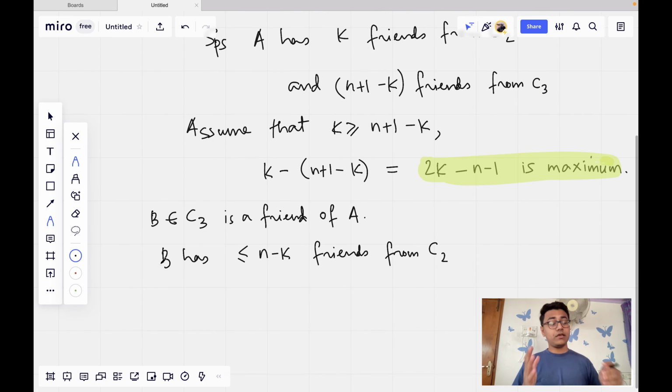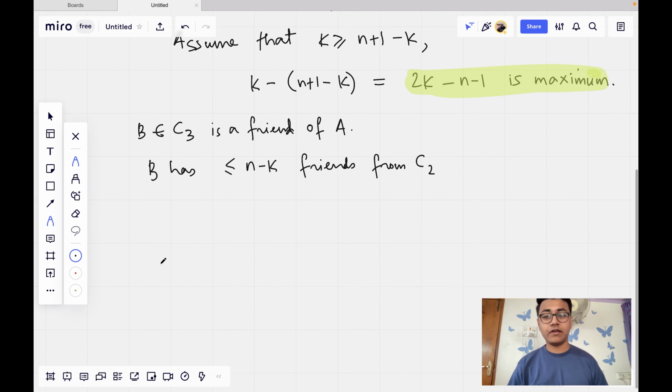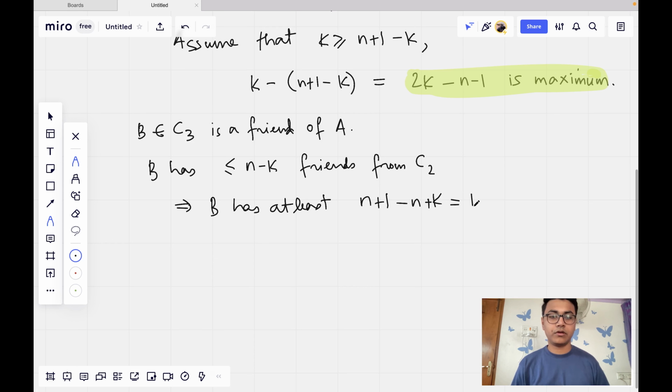But B must have a total of n plus 1 friends. So B has at least n plus 1 minus (n minus k), which equals k plus 1 friends from C3.